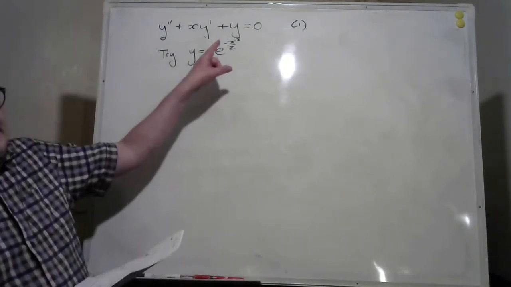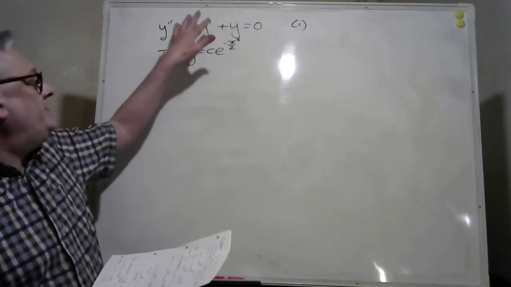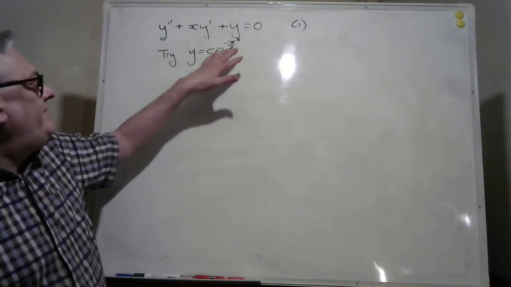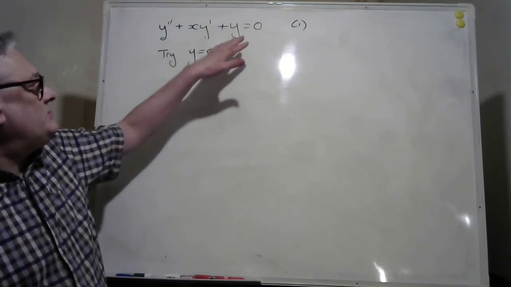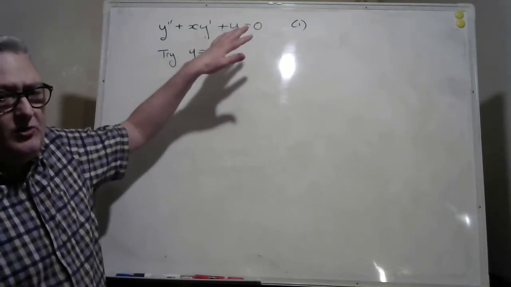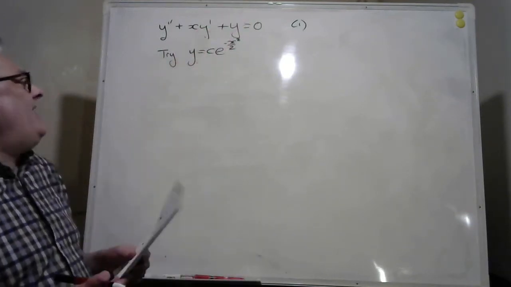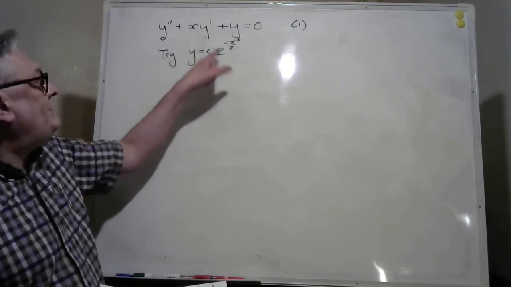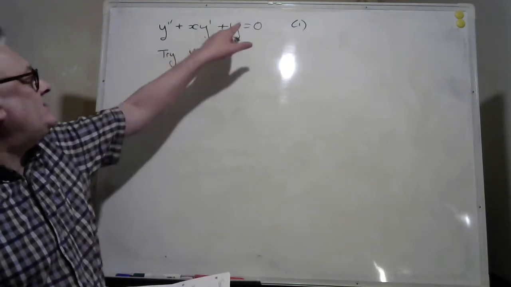Quite often these equations do seem to have the habit of involving exponentials to the power x squared, or minus x squared, or minus x squared over 2, or x squared over, and so on. So we're going to see if this works once we differentiate it twice in each case and substitute back in.